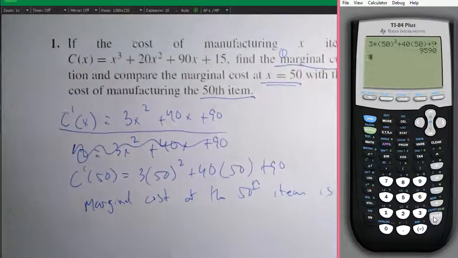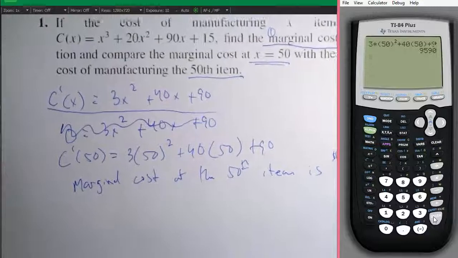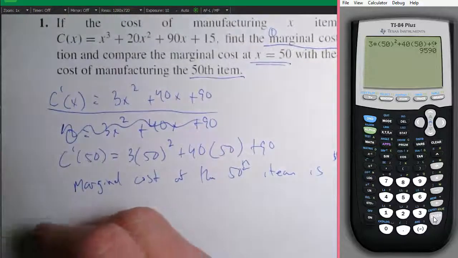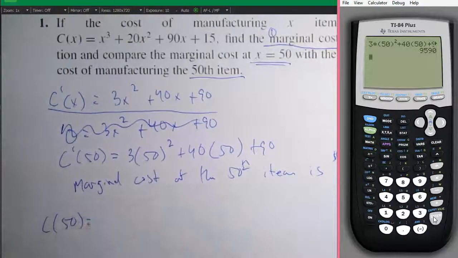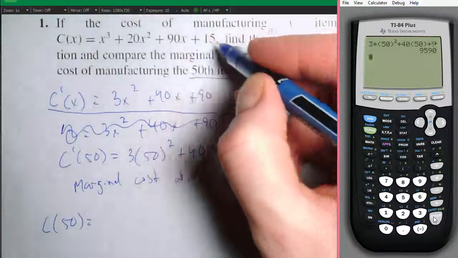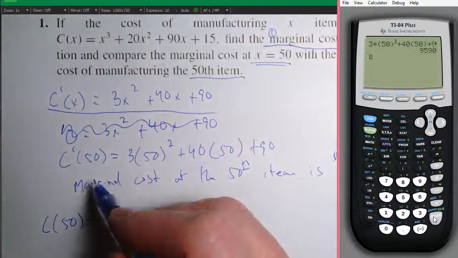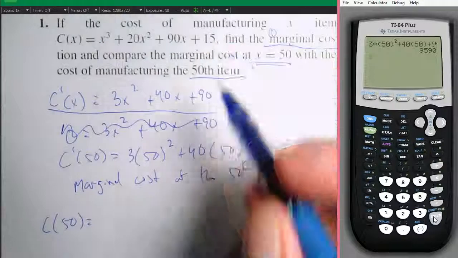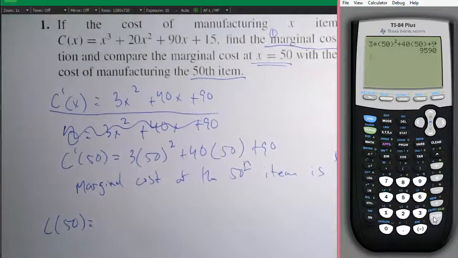So again, I'll need my calculator for this. I'll have to do cost of 50, which means I'll plug it into this function here, not the prime, but the cost function. Actually, I'm just going to cheat because I'm feeling lazy. Let's put this in y1.